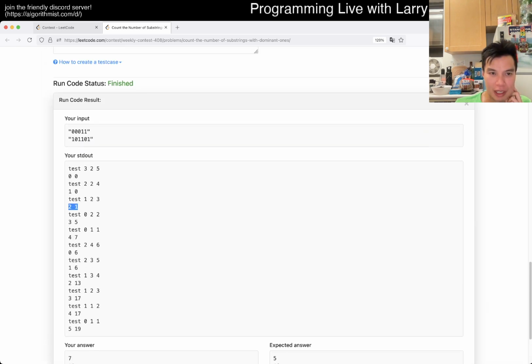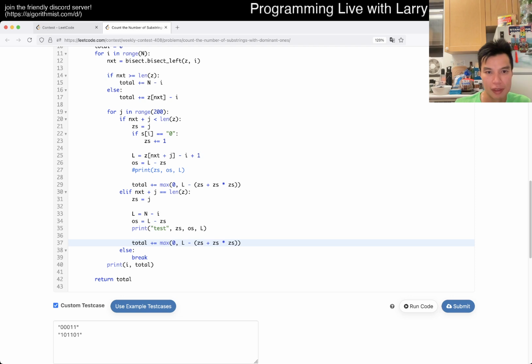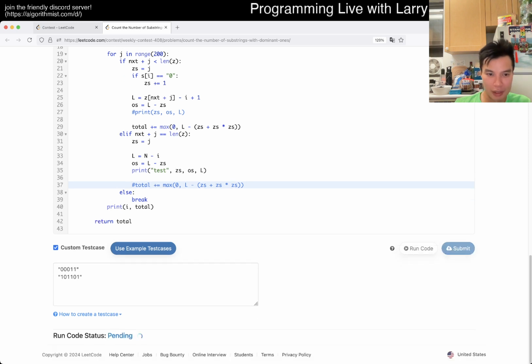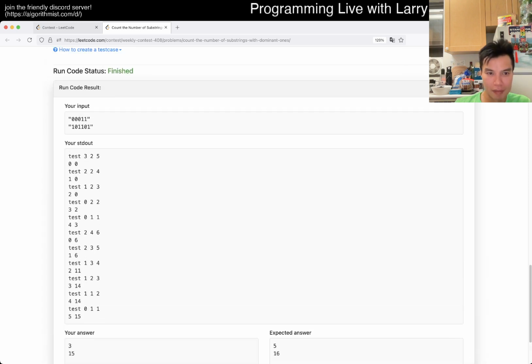So this is undercounted because this should be 2. And then 3, 5 is definitely way wrong. Does this only work? And this is undercounted, yeah.